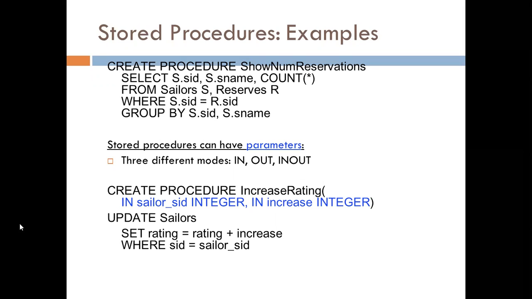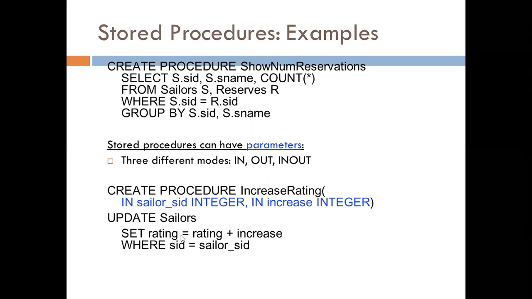Another example of creating a procedure is create procedure increase rating, in sailor ID integer. It means the sailor ID has to be passed to this procedure and it is an integer. Another one, in variable increase integer. Again, in means a value we have to pass. So while calling this procedure, we have to pass two integer values. What does it do?